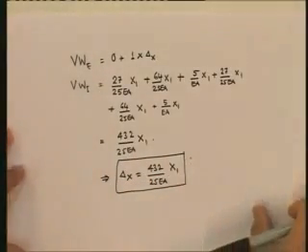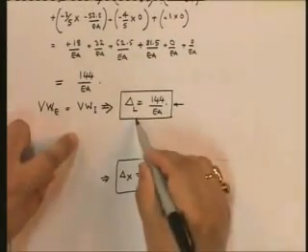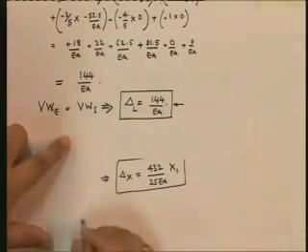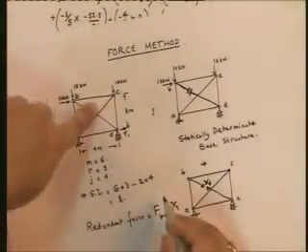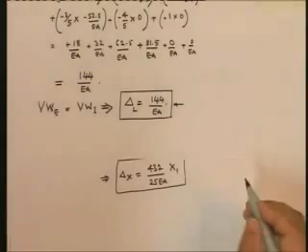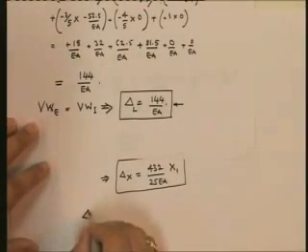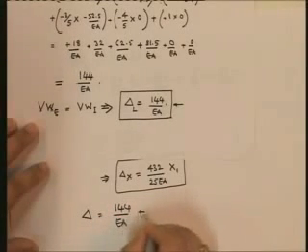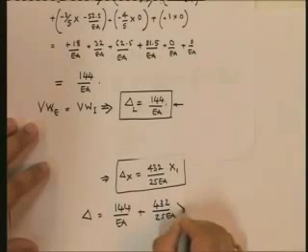So now I have computed delta L. I've got delta x, and what's the actual delta? There's going to be superposition of the two, because it's the displacement in this plus the displacement in this. So delta is going to be equal to 144 upon EA plus 432 upon 25 EA x1.